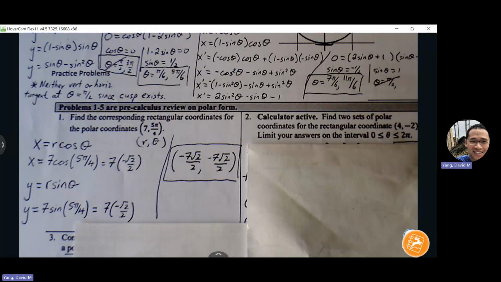X is R cosine theta, 7 cosine 5 pi over 4. Y is R sine theta, 7 sine 5 pi over 4.